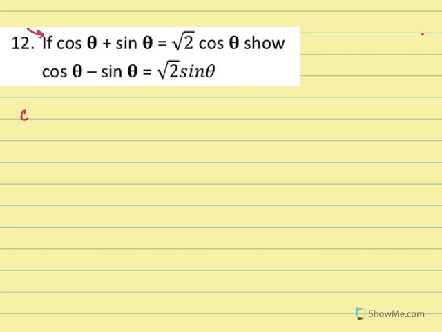So in this sum we first start with what they have given us, that is cos theta plus sin theta equal to root 2 cos theta, and then we square.